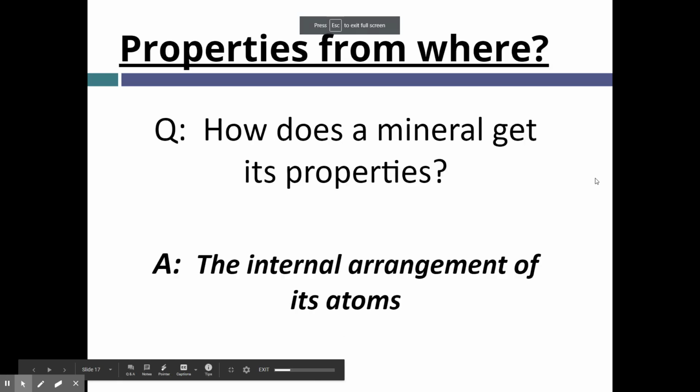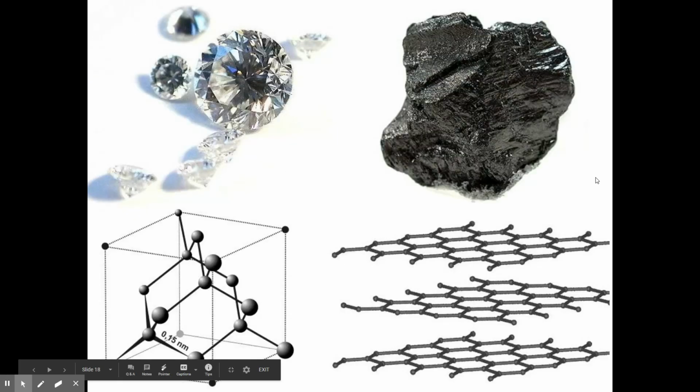So for an example, I love this example, and it's probably the most common one. This is diamond. You all know that. Diamond is made from carbon, only carbon. But the carbon comes together in a way that makes the structure of it extremely hard. It's the hardest substance on Earth. This is graphite. Graphite's found in your pencil. Graphite is extremely soft.